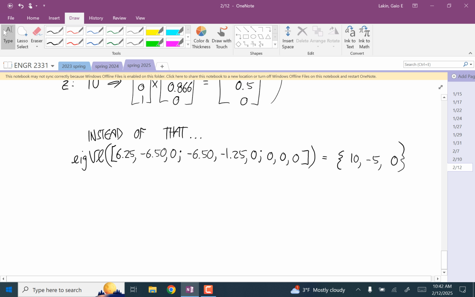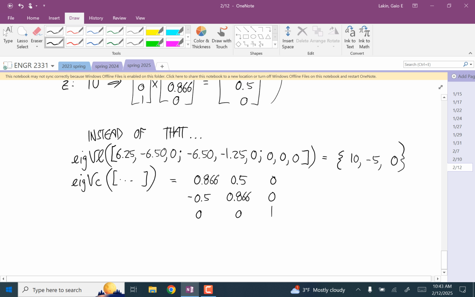And then if I do the same thing, but eigenVC, same matrix. It gives 0.866, 0.50, -0.5, 0.866, 0, 0, 0, 1.